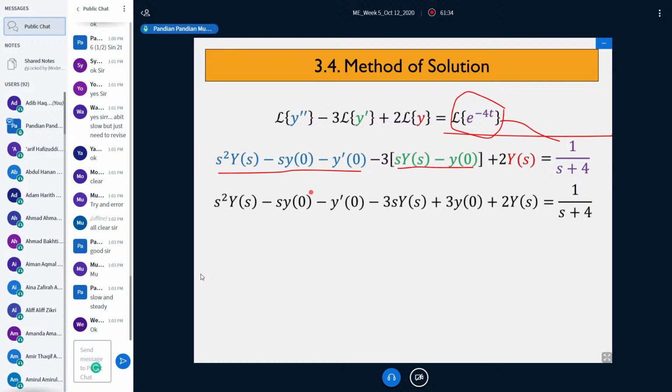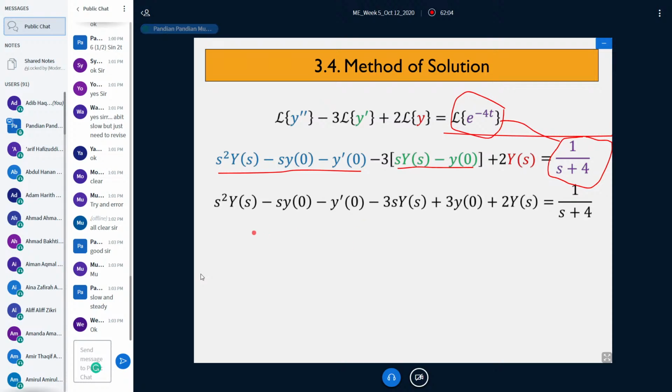So we are referring to the table, slide 18, 3.1. Laplace of e^(at) is 1 over s minus a. So your a is minus 4 here. So 1 over s minus (-4) is 1 over s plus 4. So this is Laplace of e^(-4t).